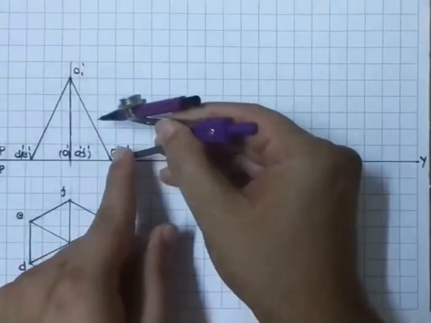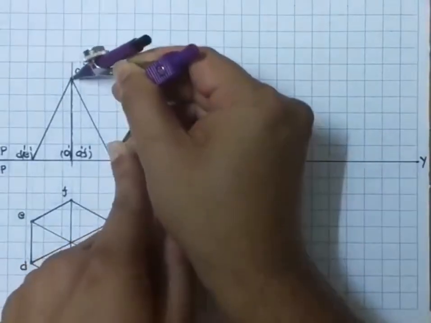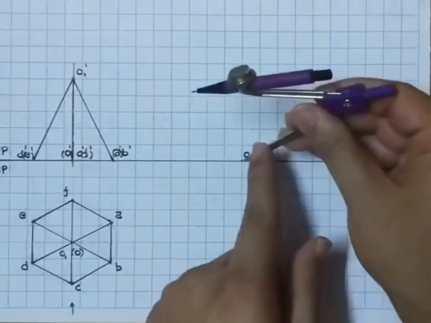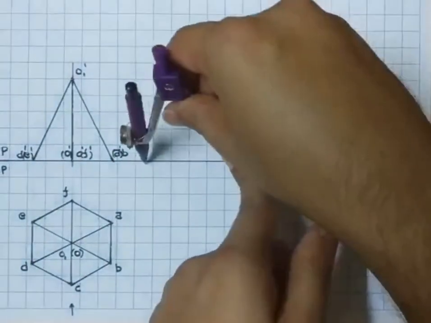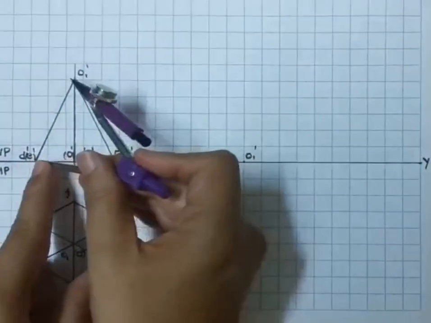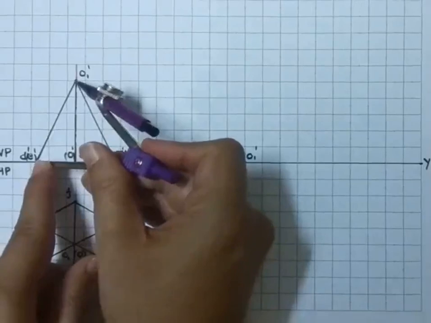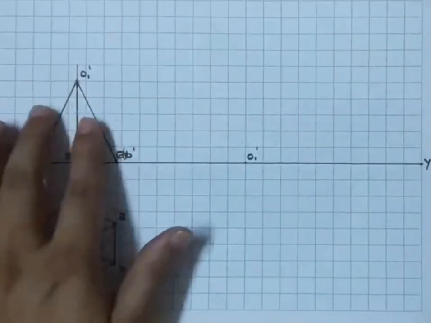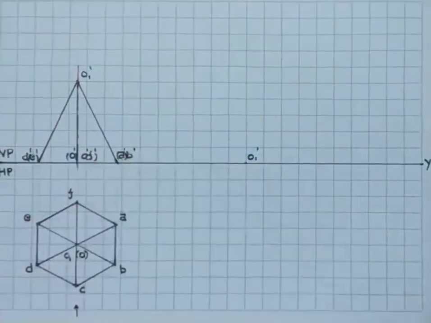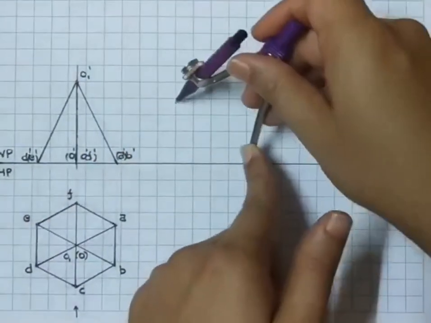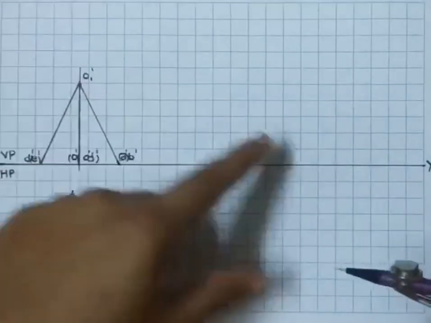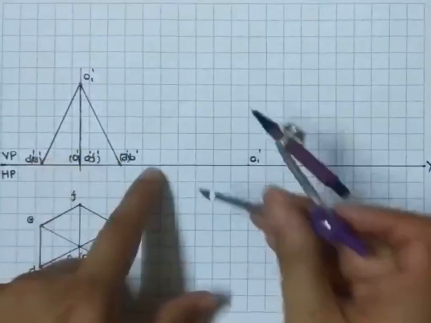Now you measure this length, which indicates the triangular face. So mark it here. Similarly, you measure this length. We are just redrawing this view in such a way that O dash, A dash, B dash is on the XY line. I am going to measure this length and draw an arc, and then once again measure this length and cut an arc.